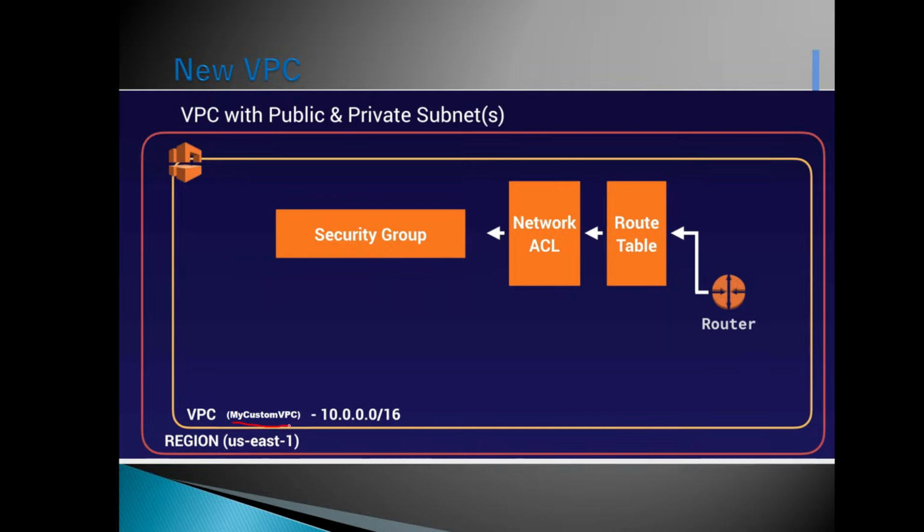This is my VPC, and the VPC range you have given is 10.0.0.0/16. As soon as you create a VPC, what components are created? Security group, NACL, and a route table. This is a default security group, this is a default NACL, and this is a default route table.